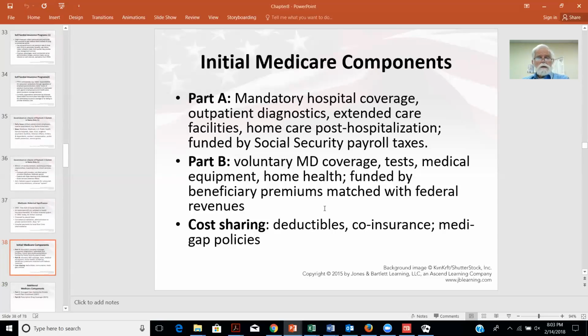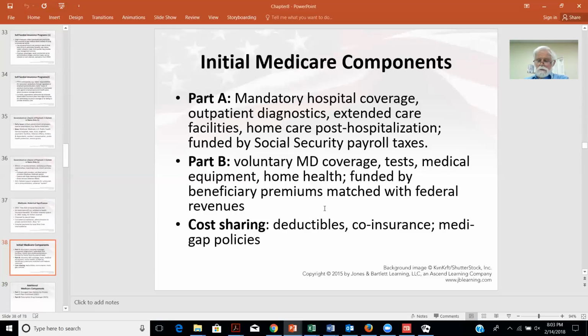Part A is the mandatory part. You go on at 65, you have hospital coverage, outpatient diagnostics, some home care, extended care facilities, and it's funded by the Medicare portion of your Social Security payroll taxes. Part B is theoretically voluntary, but if you don't take it and you decide to take it later, you get to pay more.